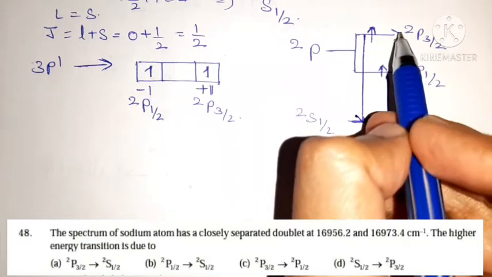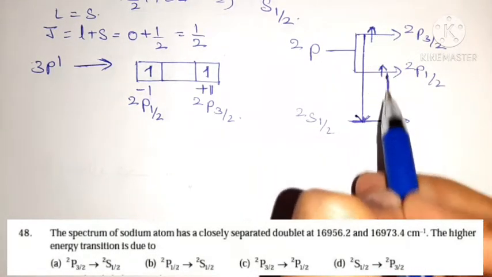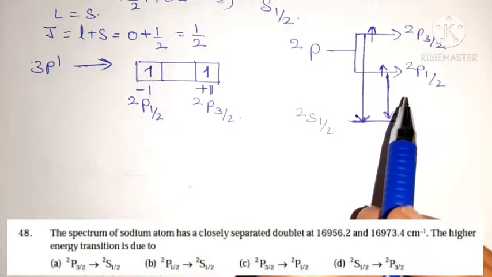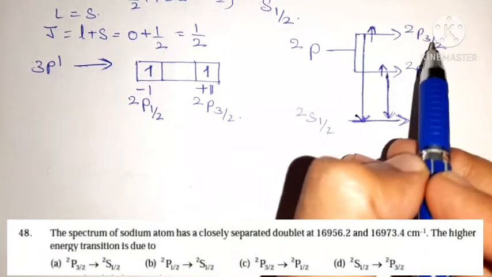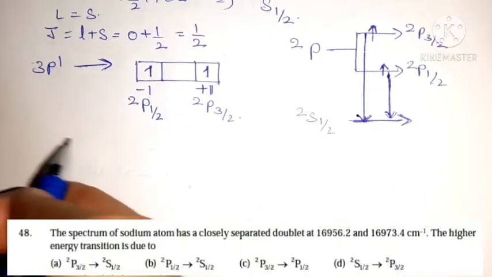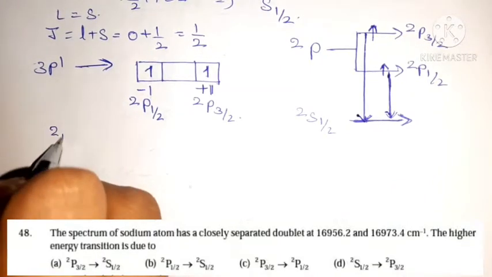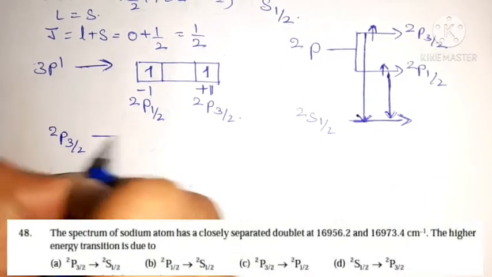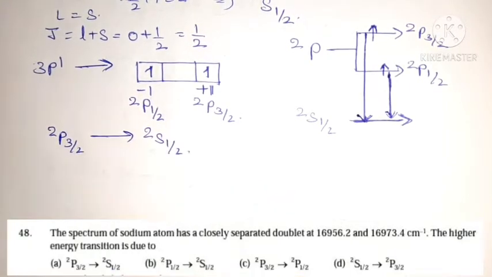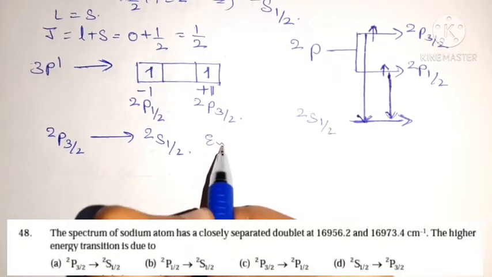The energy gap between these transitions is higher than this energy gap. So the higher energy transition in the sodium atom is due to 2p 3/2 to 2s 1/2. This is the higher energy transition and this is the emission spectrum.